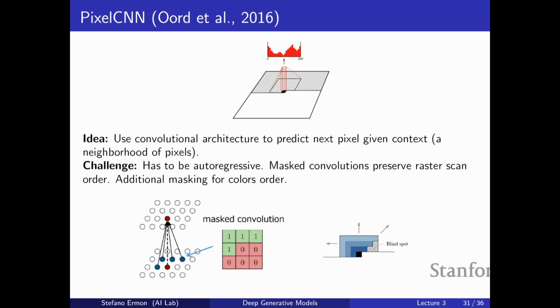So if you have a simple 3x3 convolutional kernel and you zero out all these entries in the kernel, then if you look at the computation graph, whenever you make a prediction for this red pixel, you're only going to use the blue pixels to make that prediction. And so that's consistent with the ordering that we had before. Again, it's very similar to MADE, it's very similar to transformers or self-attention. You basically mask to make sure that things are consistent with the ordering.